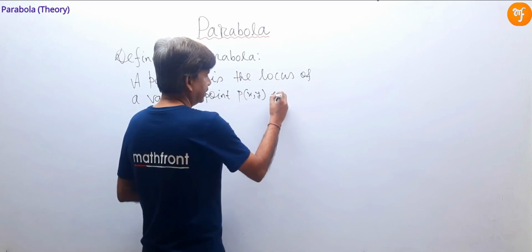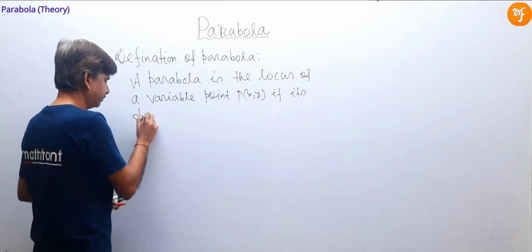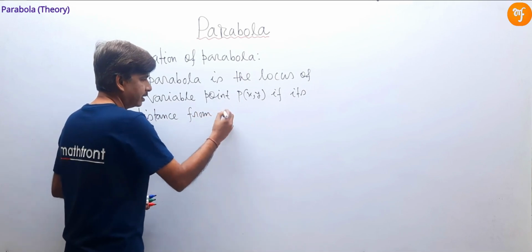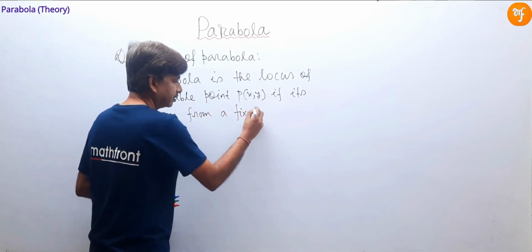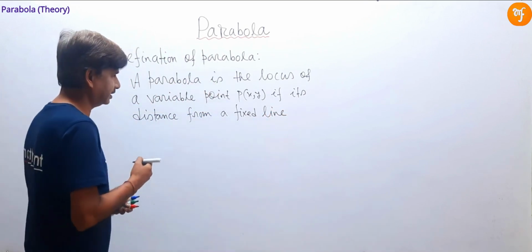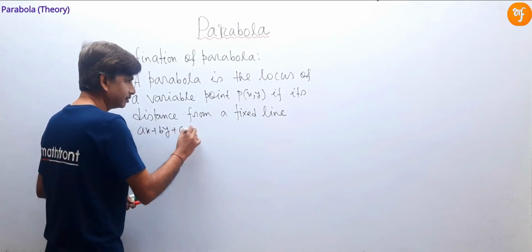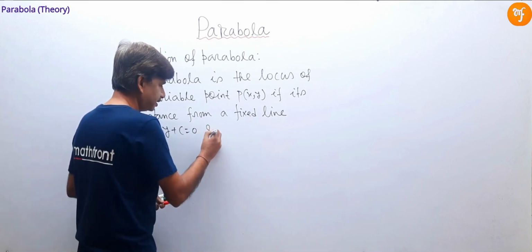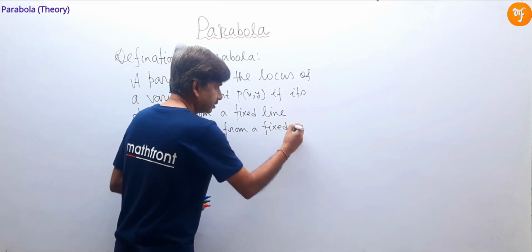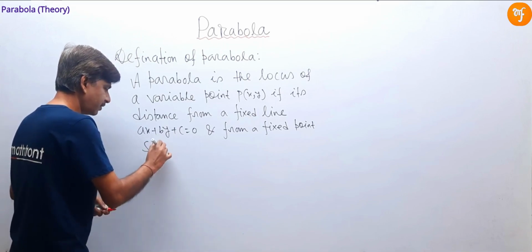if its distance from a fixed line, say the fixed line is ax plus by plus c is equal to 0, and from a fixed point, say the fixed point is S, which is alpha comma beta.